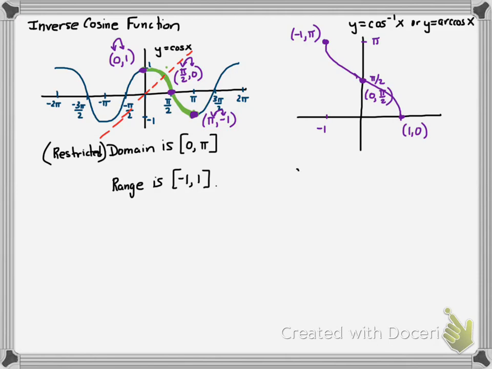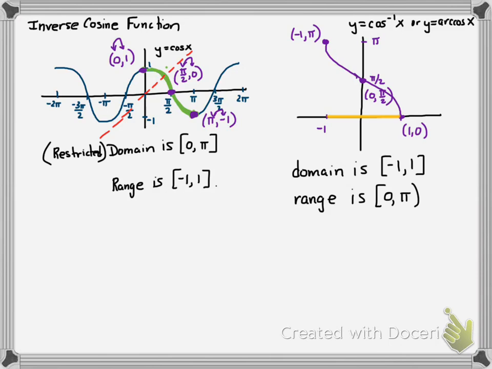So, the domain for inverse cosine or arc cosine is -1 to +1, and this makes sense. Those are our x values, the values along our x-axis. And our range was the domain of the original function, and so the range is 0 to pi.